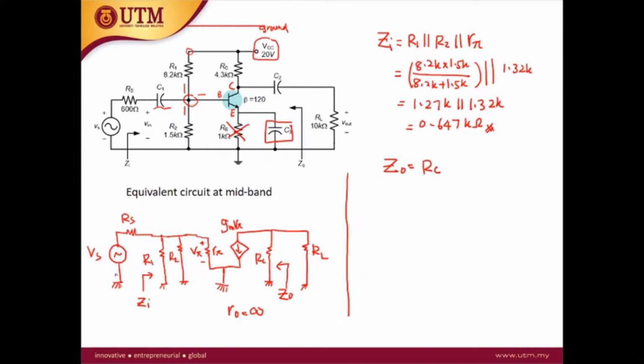When Vs equals 0, V pi is also equal to 0, so Gm V pi is equal to 0, and there is no current from the current source. At the end, what we see is only RC. So Z out is equal to 4.3 kilo ohm.